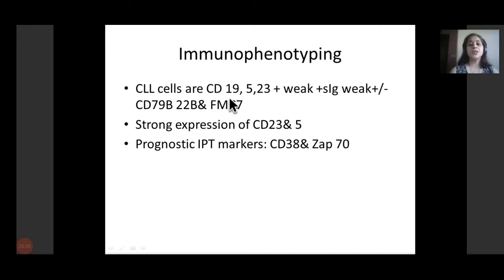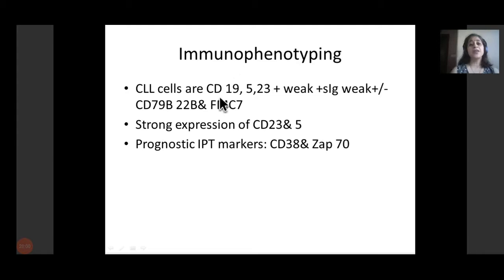So we expect the lineage-specific B cell markers, which are CD19, CD79B, and CD22, and in addition to these, a T cell marker, CD5, which is present here because this marker is also present in the naive B cell, which is close to the mantle zone.